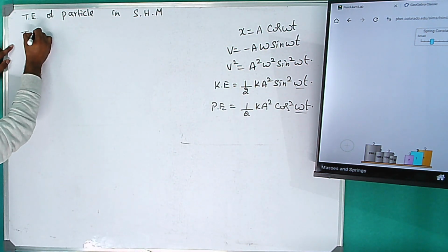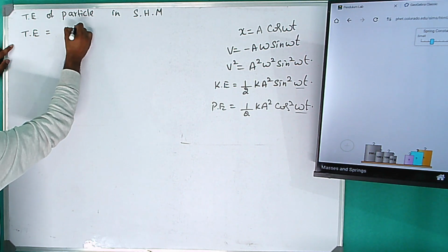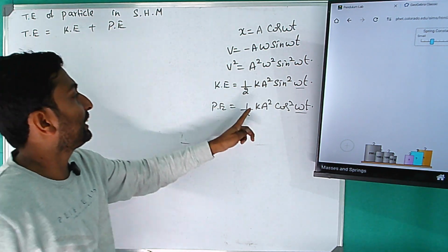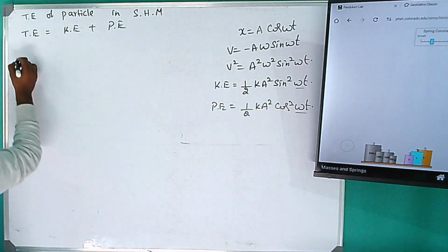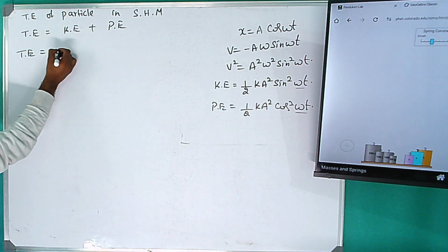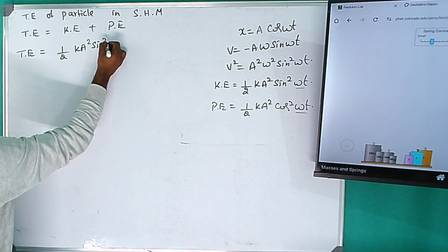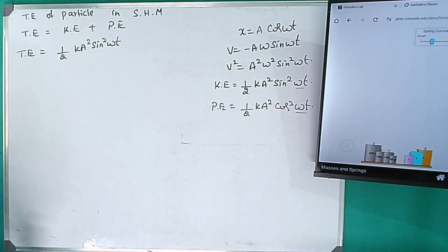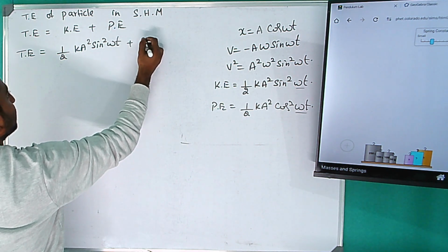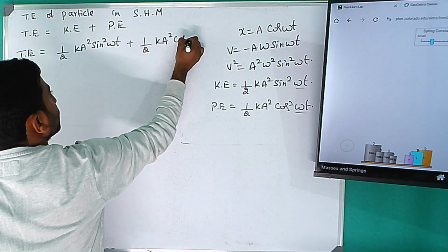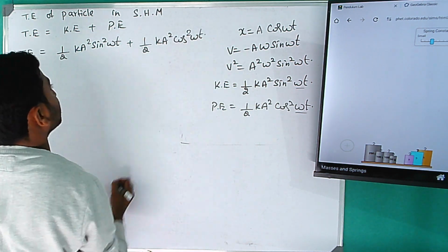Total energy is equal to kinetic energy plus potential energy. Look at the kinetic energy equation here: total energy is equal to half k a square sine square of omega t plus potential energy, half k a square cos square omega t.